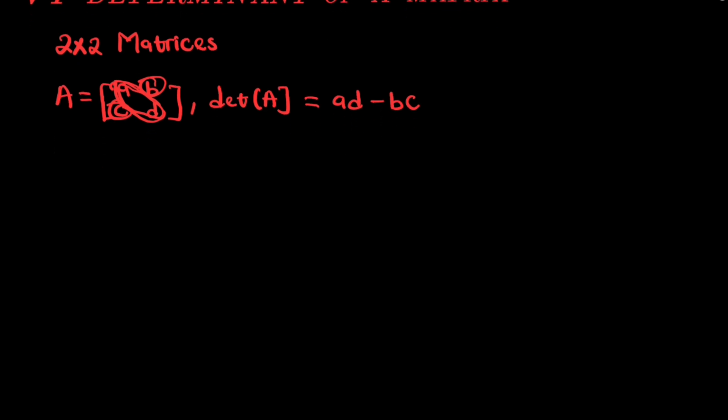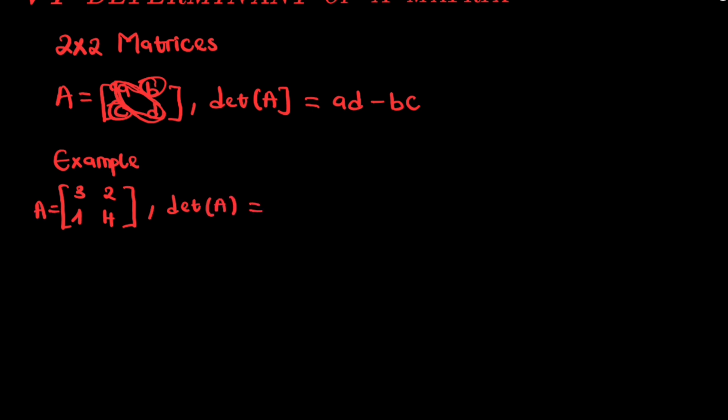So let's have an example. Let's have a matrix 3, 2, 1, 4. To take the determinant of this matrix, let's say the matrix is the matrix A. So the determinant of A, we multiply the elements at the diagonal and subtract them from those which are not at the diagonal.